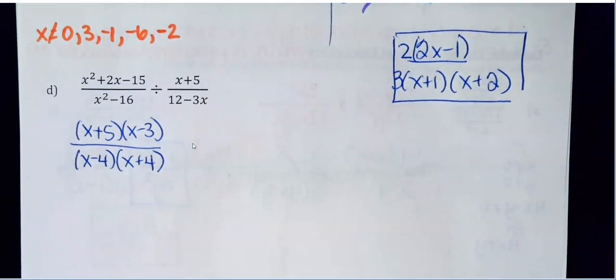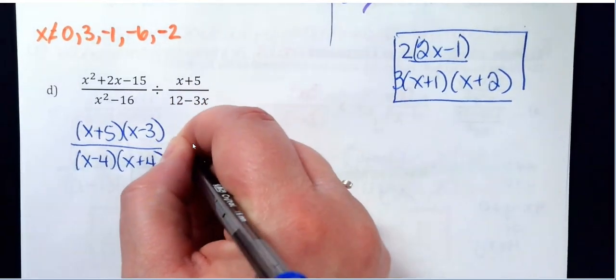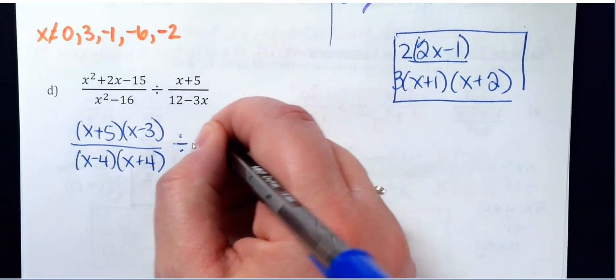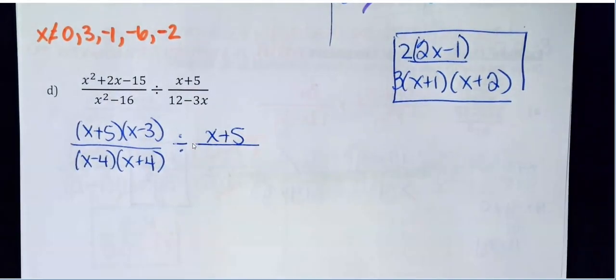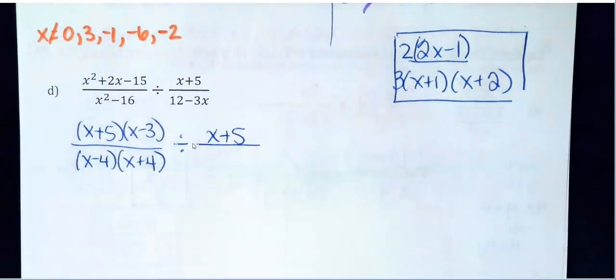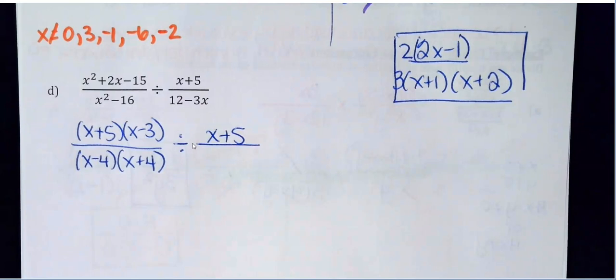Now, let me see if you guys remember this from what we were working on last week. So if you see a term like this, 12 minus 3x, how would you maybe manipulate the bottom of that? Yes.